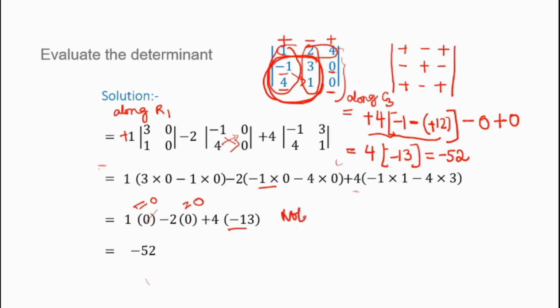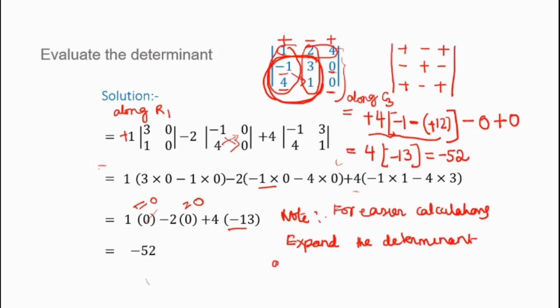So we conclude from this example: for easier calculations, expand the determinant along the row or column which contains the maximum number of zeros.